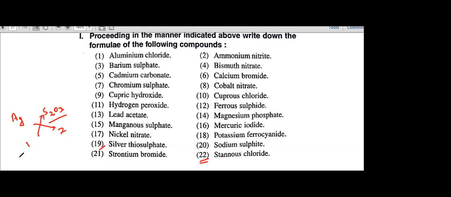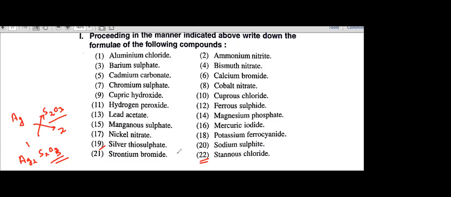So we will get Ag2, and this whole radical S2O3. Everyone got this? So the answer will be Ag2S2O3. This is not O2, it is O3. So if you remember the radicals and their valency, you can write all the formulas.